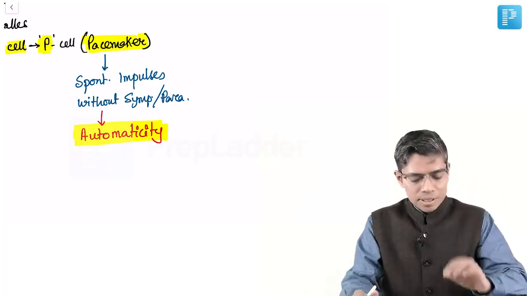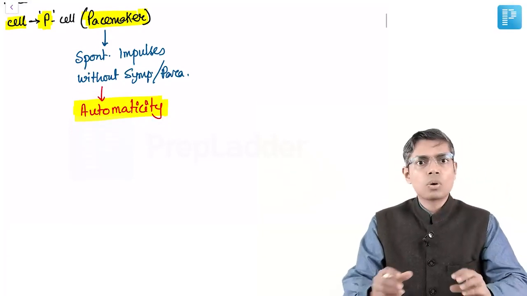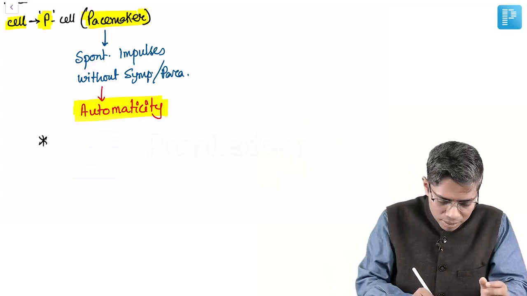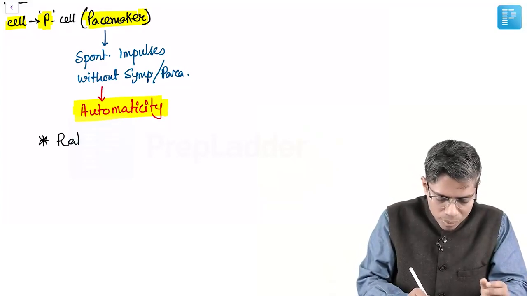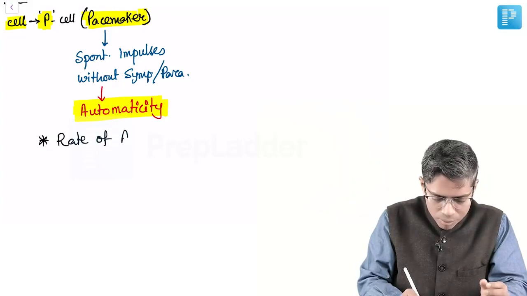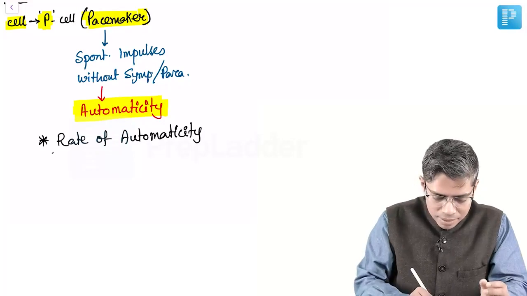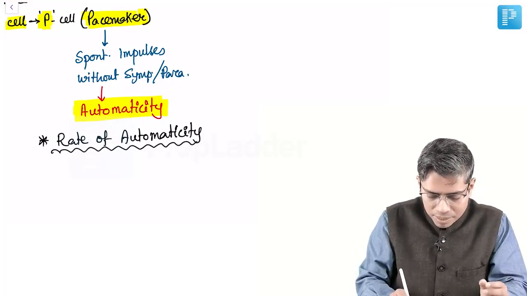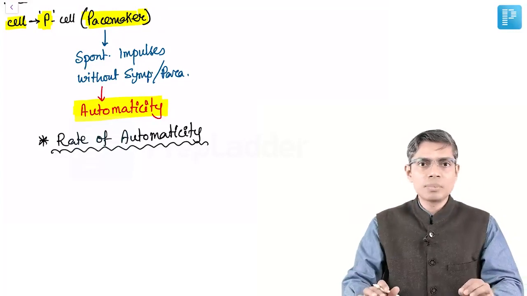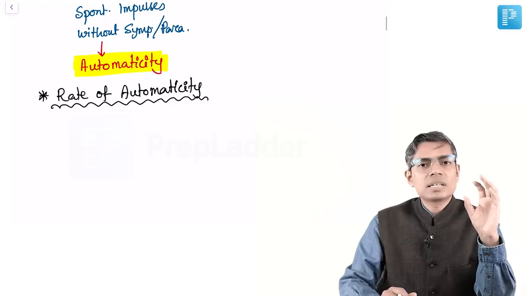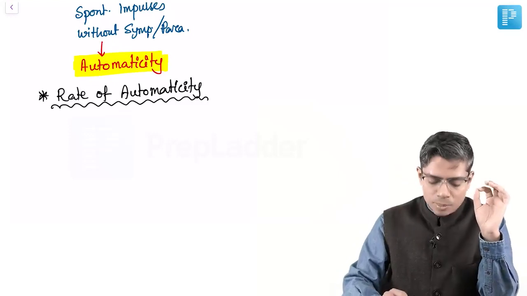Although if you look at the automaticity power, how do I understand? If you look at the rate of automaticity, then this rate is different in different parts of the conducting system. Getting my point? So because of the presence of pacemaker cell, all parts of the conducting system have this automaticity property.